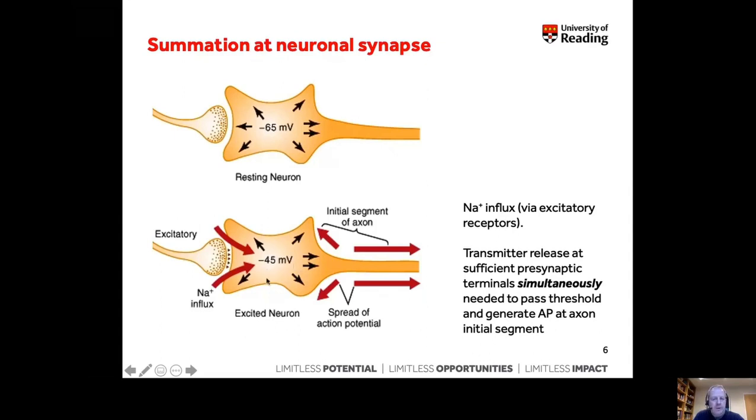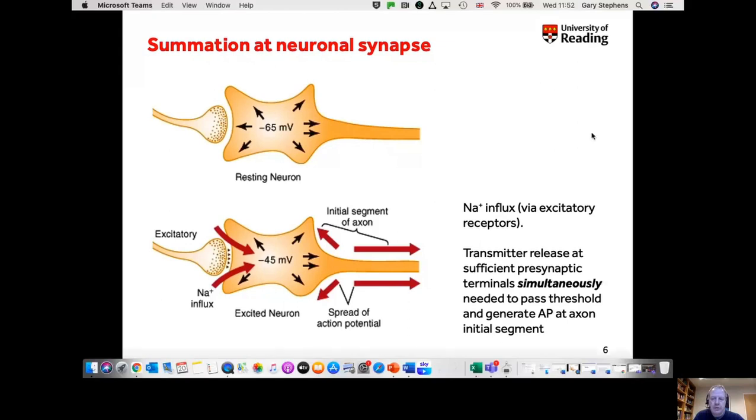When it gets depolarized enough, we reach a threshold and the action potential fires. So transmitter release at a sufficient number of presynaptic terminals needs to occur simultaneously in order to pass the threshold that we saw on one of the previous slides, and an action potential can fire.